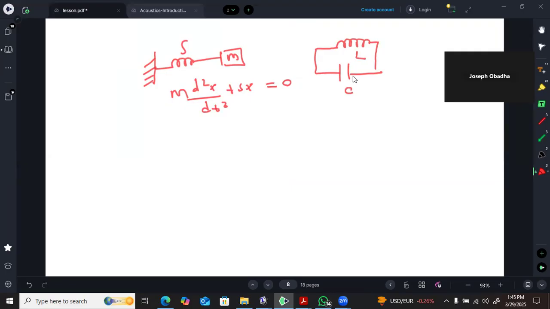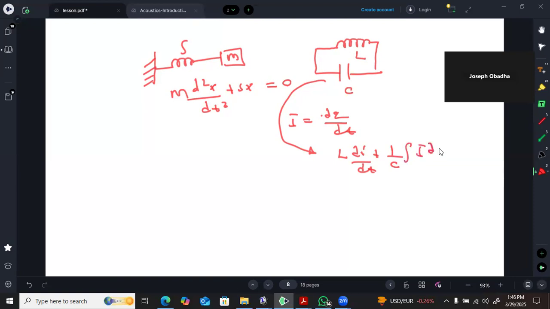If we are to write down the equation for this circuit, you know that current in a circuit is given by dq by dt. But in a circuit like this, we can write down using Kirchhoff's law. We can have L di by dt, the voltage across this, plus 1 over C the integral of i dt.